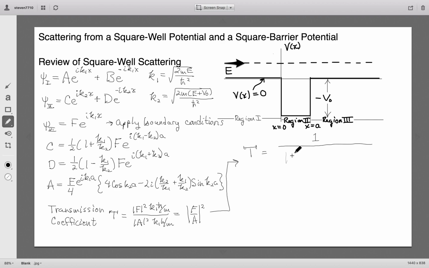It goes like 1 plus 1/4 V0 squared over E times (E plus V0), and right there, this is an important factor, sine squared of k2 a.